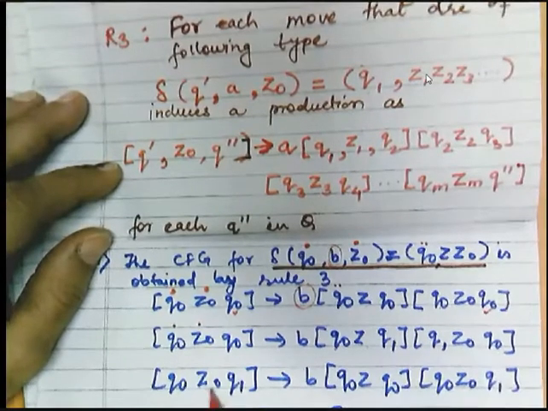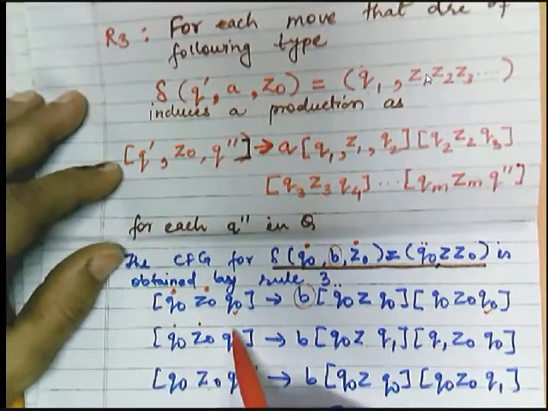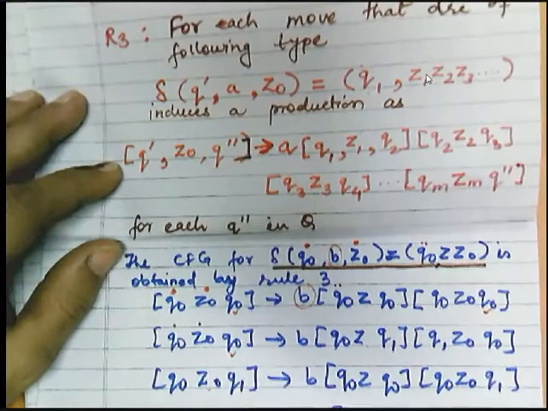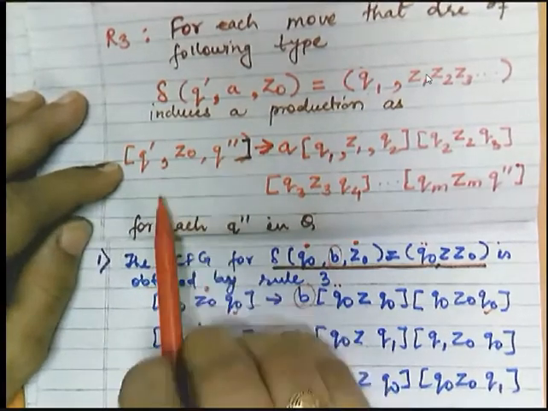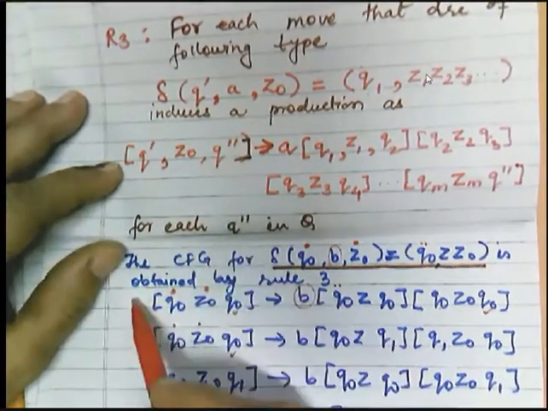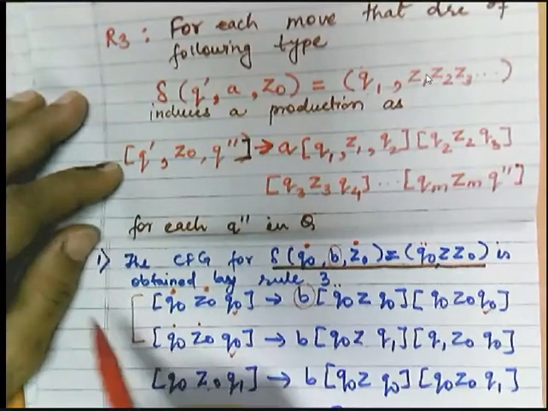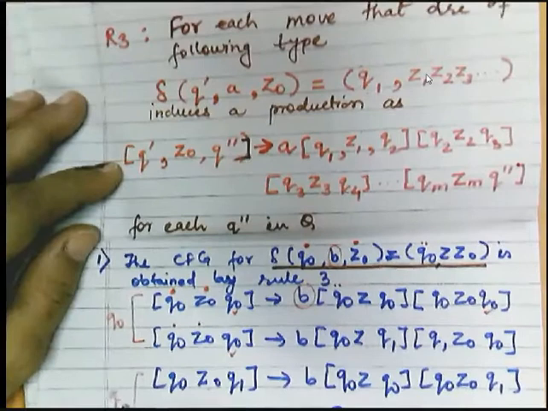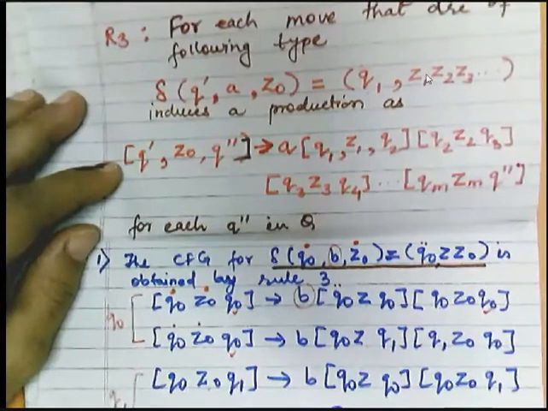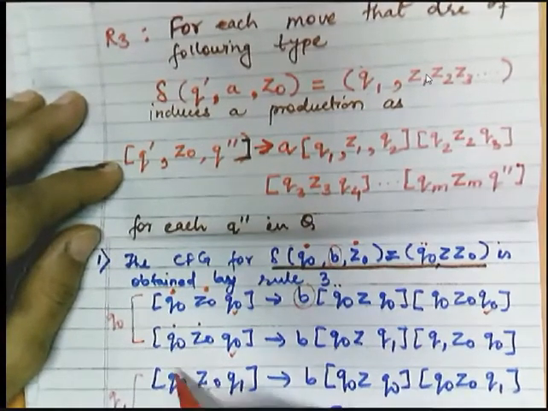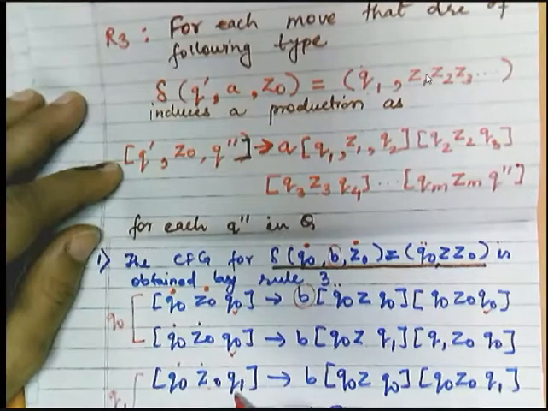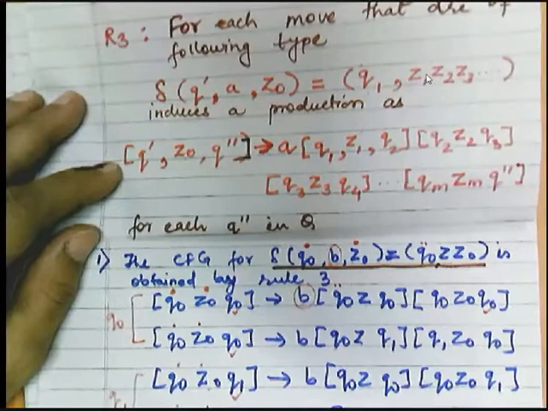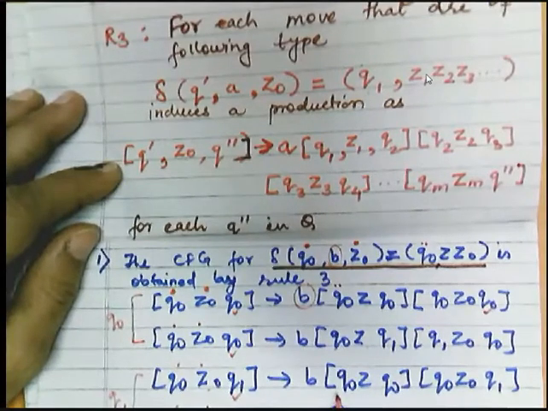So these two things are over for this combination. Here what is written for each Q2 dash? This will be one combination for Q0, and here there is a combination for Q1. So Q0, Z0, and now Q1, and Q0, Z0, and Q1. Now here, what is the rule?